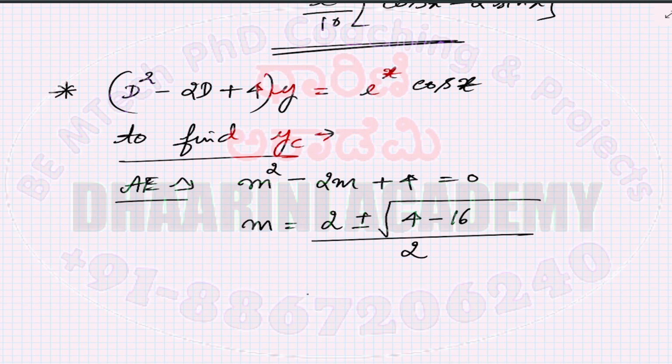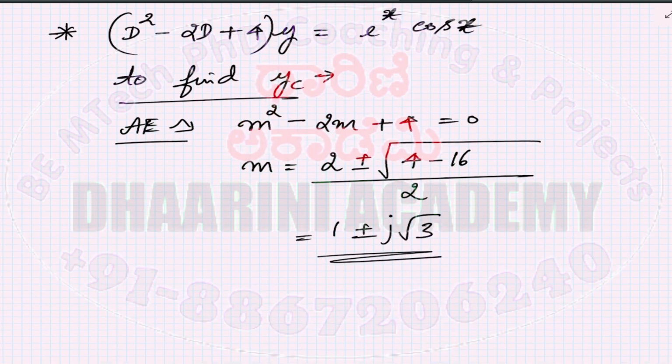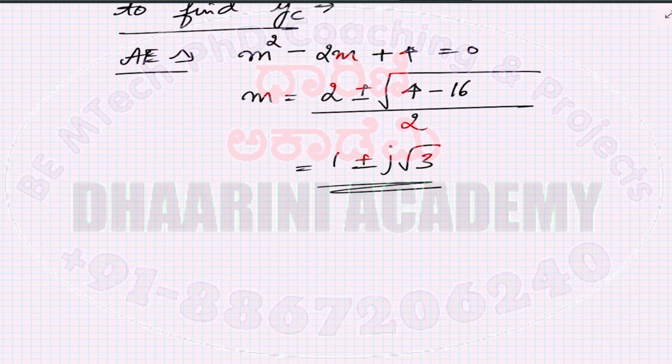So this is equal to 1 plus or minus, there is a root of minus 12, so I have a j coming up. In the root 12, if I take 4 into 3, 4 comes out as a 2, 2 and denominator 2 will cancel, so we have root 3. 1 plus or minus j root 3 is the answer, and now we are very sure that this belongs to the third case in the table, and roots are complex conjugates.